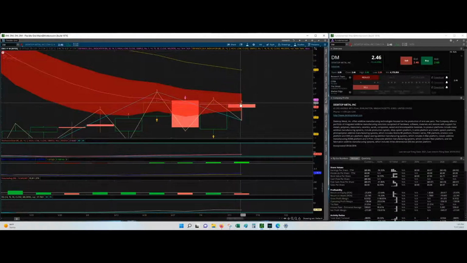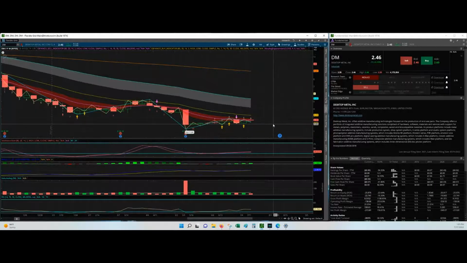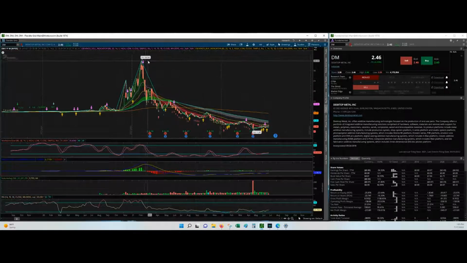It looks like it got rejected off the 9 EMA last week. So this is concerning, but the daily chart is looking bullish. And then you can also see here that the high was at $34.94, and it dropped all the way to $1.26. I don't like this for biotech stocks, because those can drop and rise based on whatever news comes out.